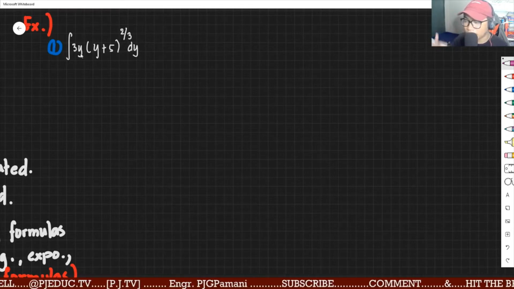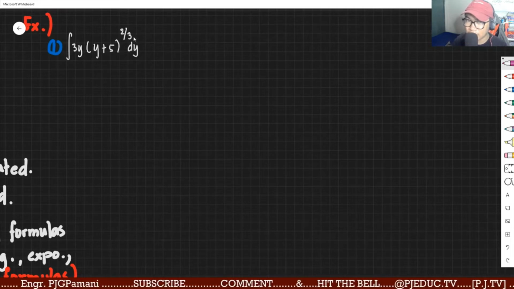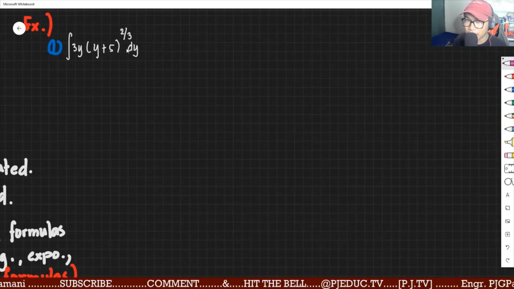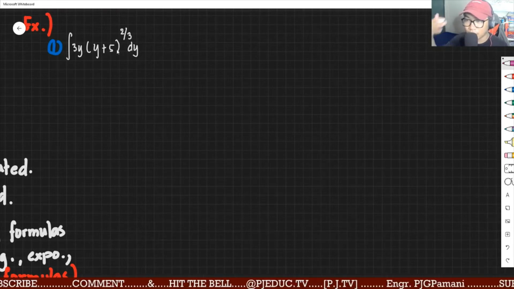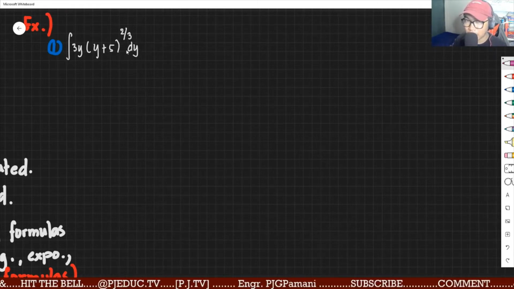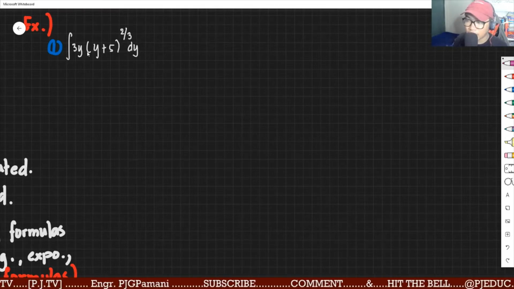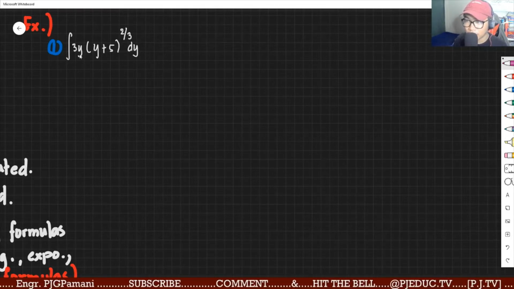You might think later that we can expand using the given exponent of (y plus 5) raised to 2/3. But it would take you too long to expand such a term raised to a fractional exponent and multiply that expanded form with your term 3y.